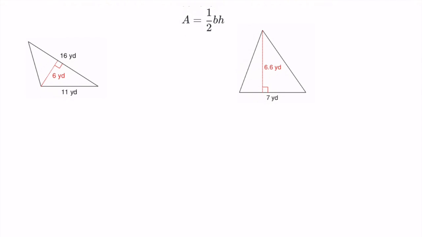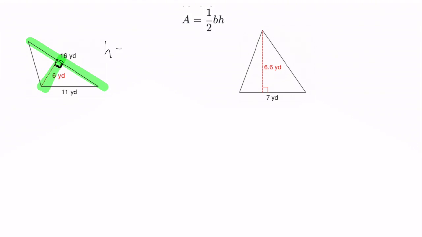All right. So again, we need to figure out what our base is on this one. Our base is going to be our long side over here. That's going to make a right angle with our height. So this right angle sign right here means that our base is going to be right next to it.